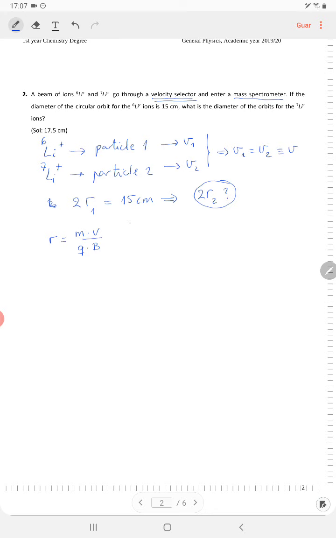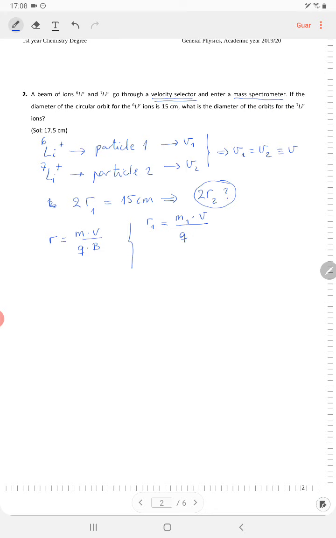So for the first particle, this is going to be the mass of the first particle times its speed, which is the same as for the second one, so I just use V, divided by the charge of the first one, which is equal to the charge of the second one, because they are both charged with just one proton.